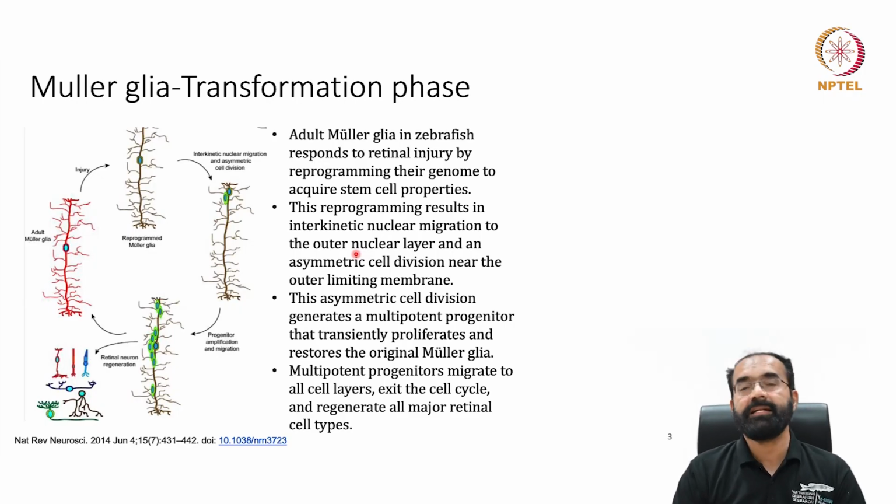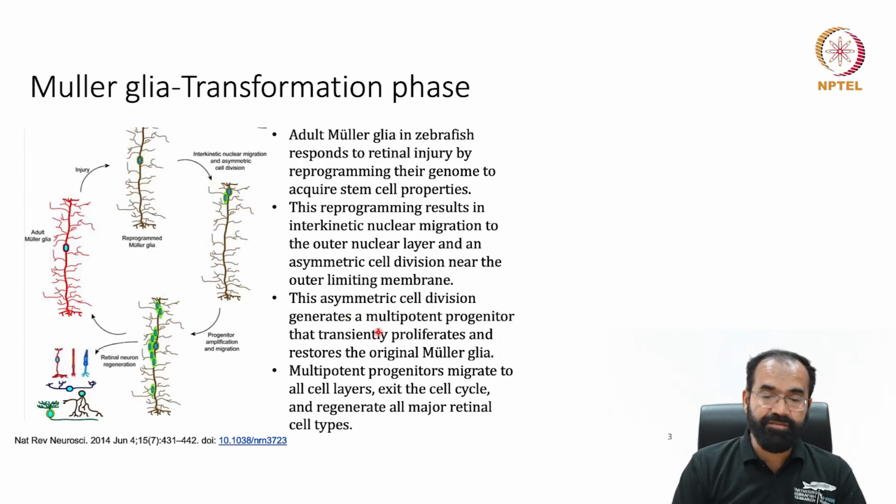So unless these progenitors are migrating to various layers, you cannot fix the damaged cell types in different cell layers. So the cell division has to continue along with the interkinetic migration.